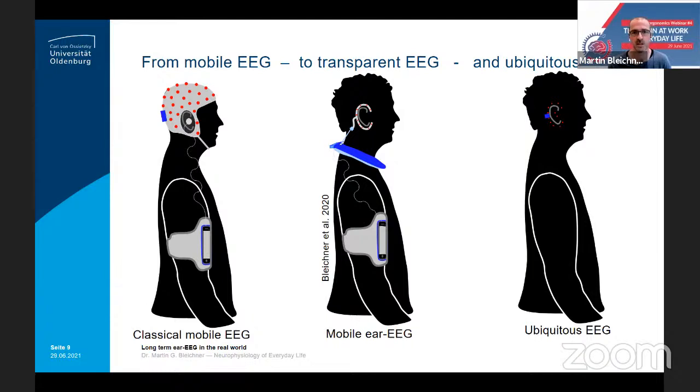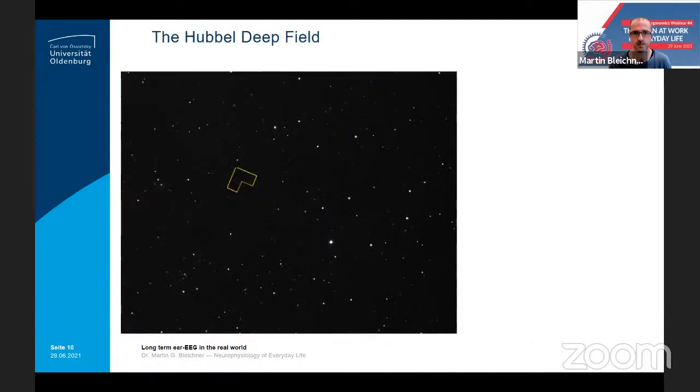But I think if we have this, the possibilities for this approach are astronomical. Therefore, let me give you an analogy from astronomy, actually. So we used telescopes to study the night sky, and by doing so, we learned about the stars in our immediate vicinity. Some years back, they then pointed the Hubble Space Telescope at one dark spot in the sky. With a standard telescope, there was not much to see there.